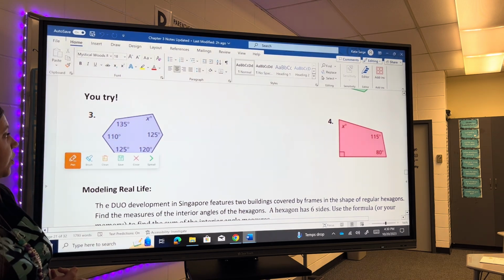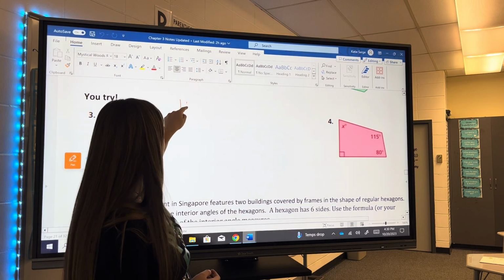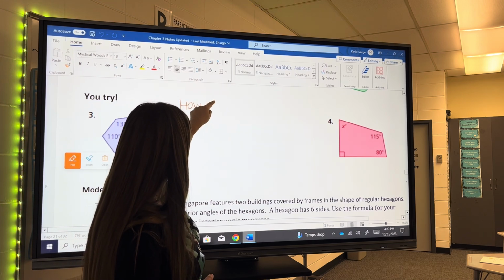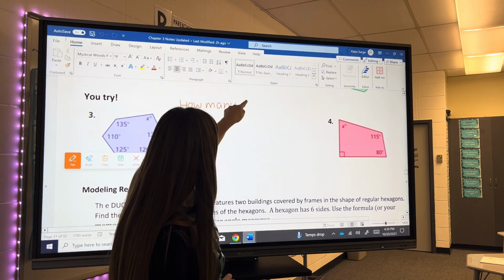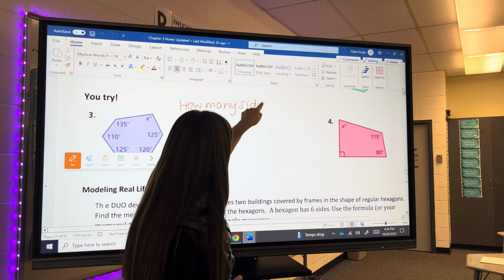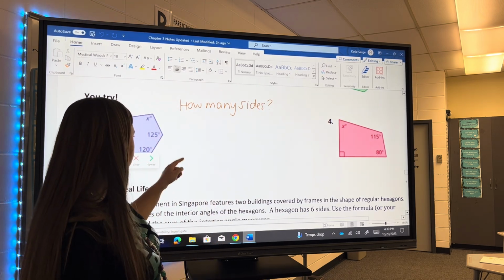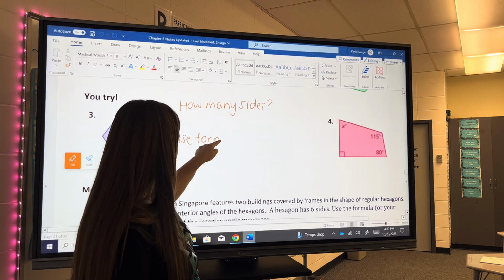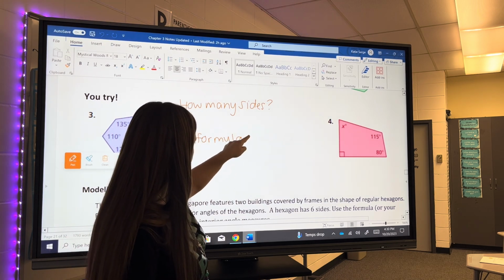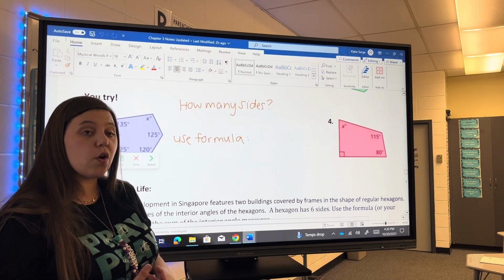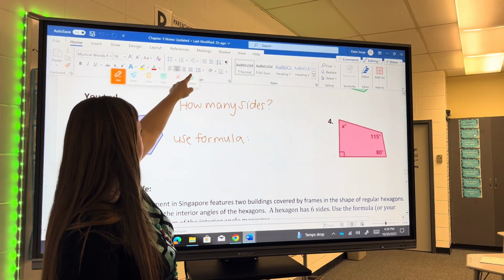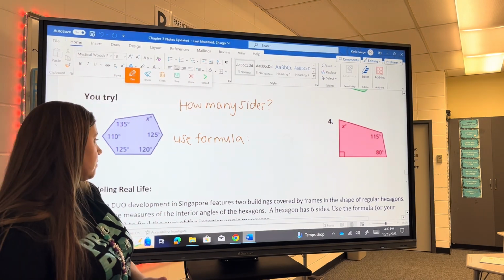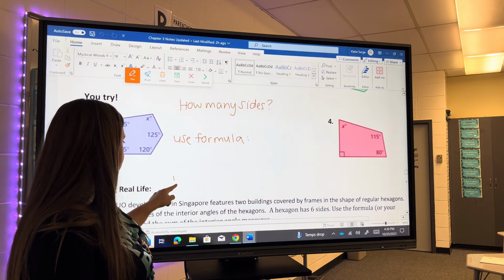First thing you need to know is how many sides it has, okay. We're using the formula to figure out what the total interior angle measures should be, and then what is x, okay?